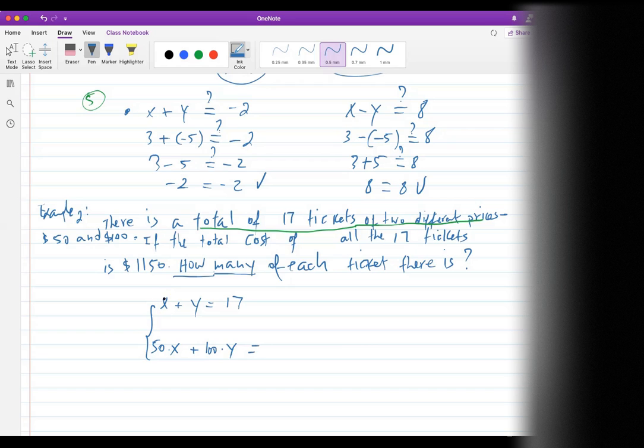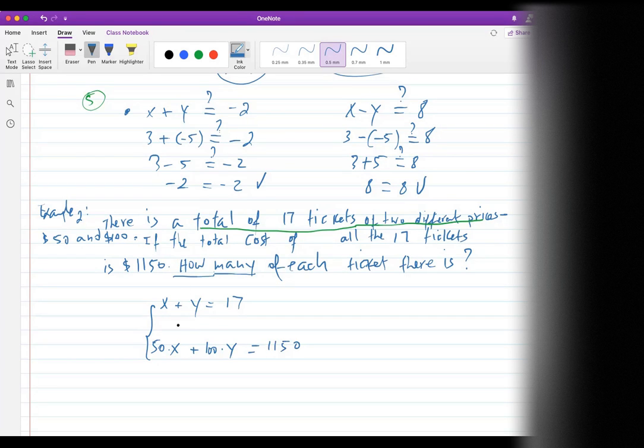Once we know the number of tickets, multiplied by the price, same here. What is this supposed to be according to the problem? The total cost of all tickets according to the problem is $1150. That's right. It's given here.